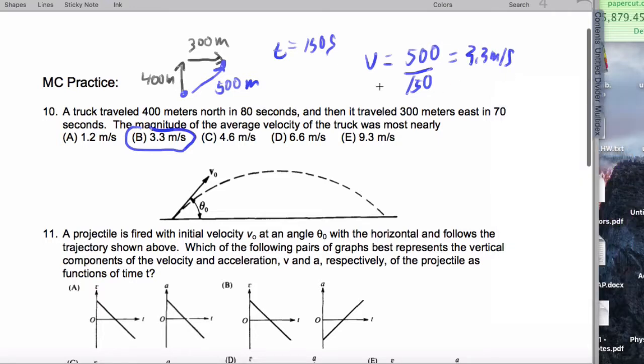Incidentally, if we ask for the average speed, that would be distance over time.